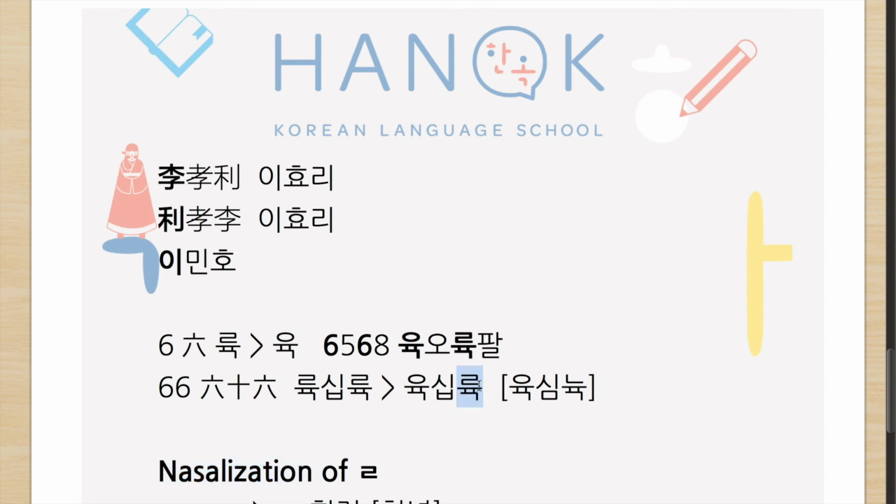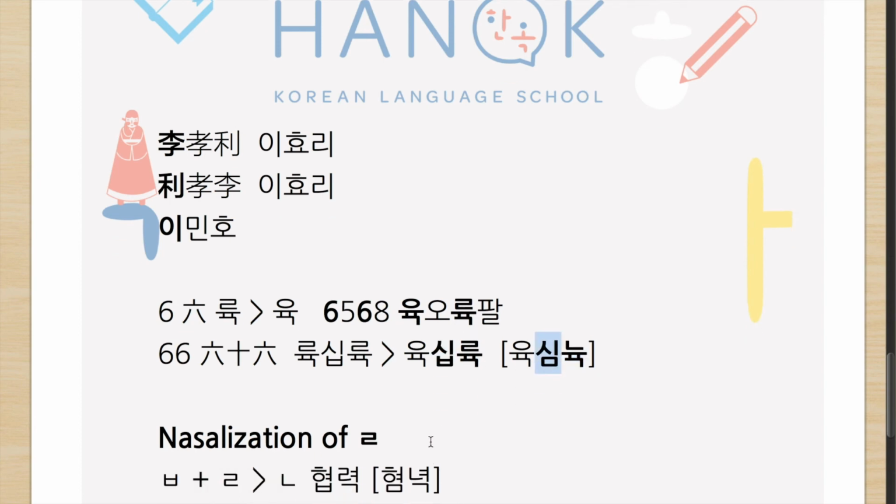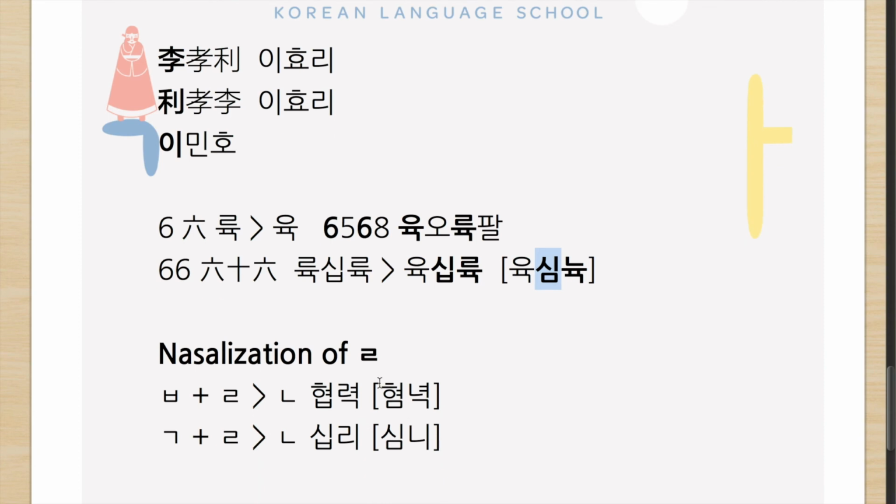So essentially, this is changed to this, and this ship is changed to this because of nasalization. Yes, there are a few pronunciation rules. It's okay if you don't understand. No one taught me this. Along the way, you hear examples and you will find out eventually.